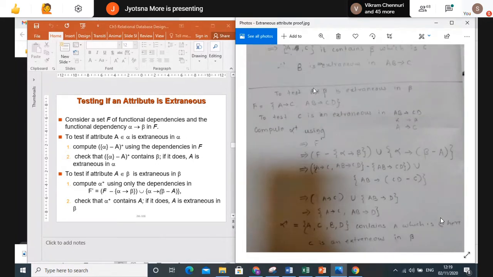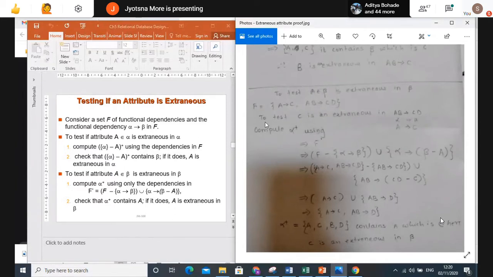To test whether A, the extraneous attribute, which belongs to the beta side, is extraneous, I take the given functional dependencies from the previous slide: A determines C, AB determines CD. From this I am saying that on the beta side, C is an extraneous attribute because I am already getting C with this, so no need to have C over here.